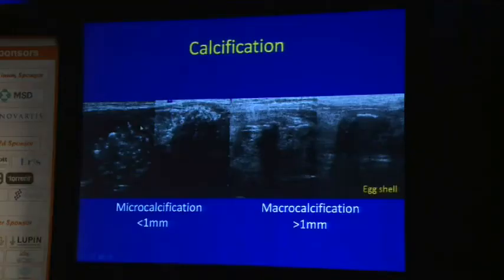Calcification of the nodule can either be classified as microcalcification when the size is less than 1 millimeter, or macrocalcification when it's more than 1 millimeter. Macrocalcifications that we normally see are chunky areas of calcification. When there is a rim calcification which is along the margin of the nodule, it's rather a benign finding.